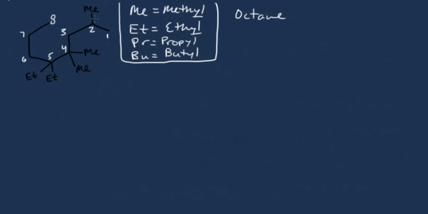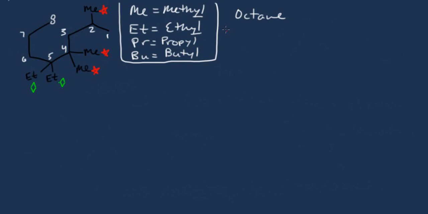Well, I see there's a substituent group right there. We have another one here and here, and they're 2 methyls. And then we have some ethyl groups on the diamonds. So let's write those down over here.